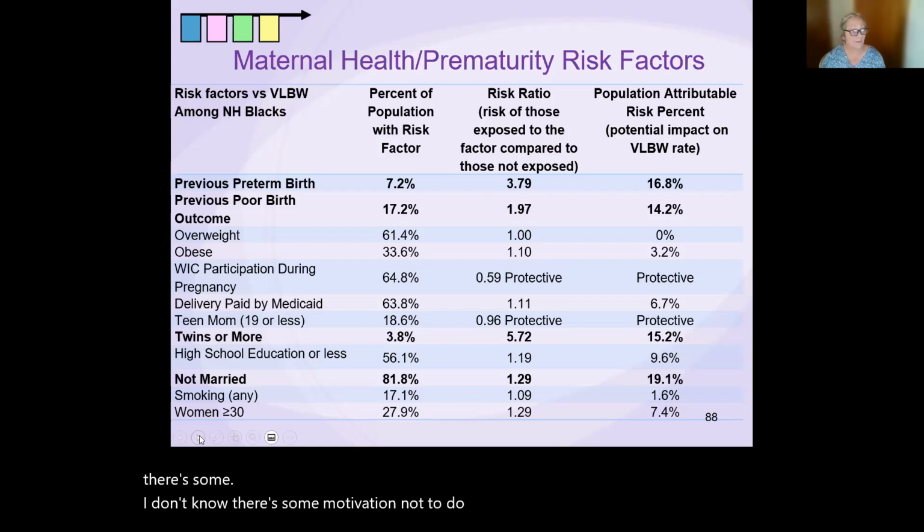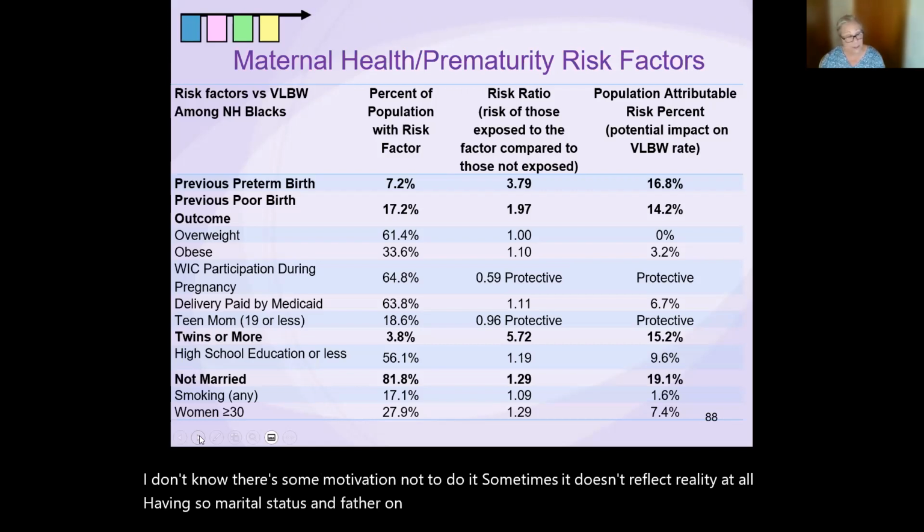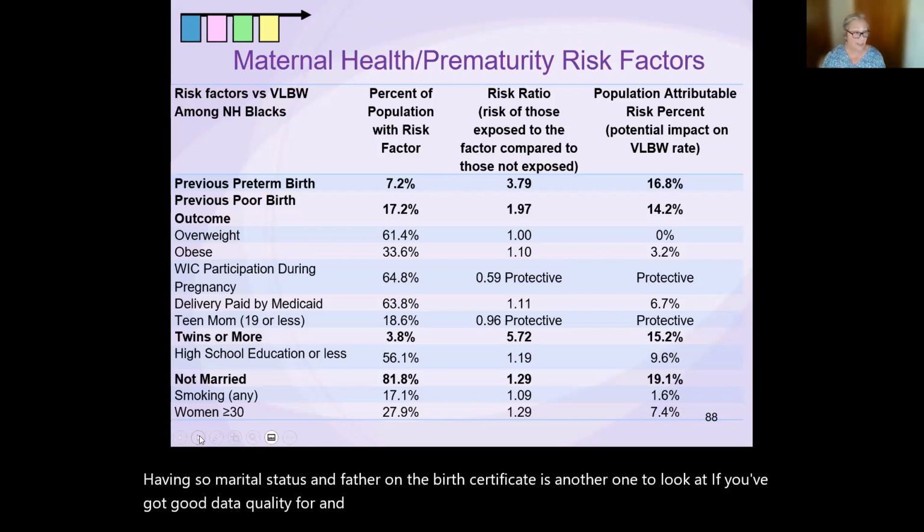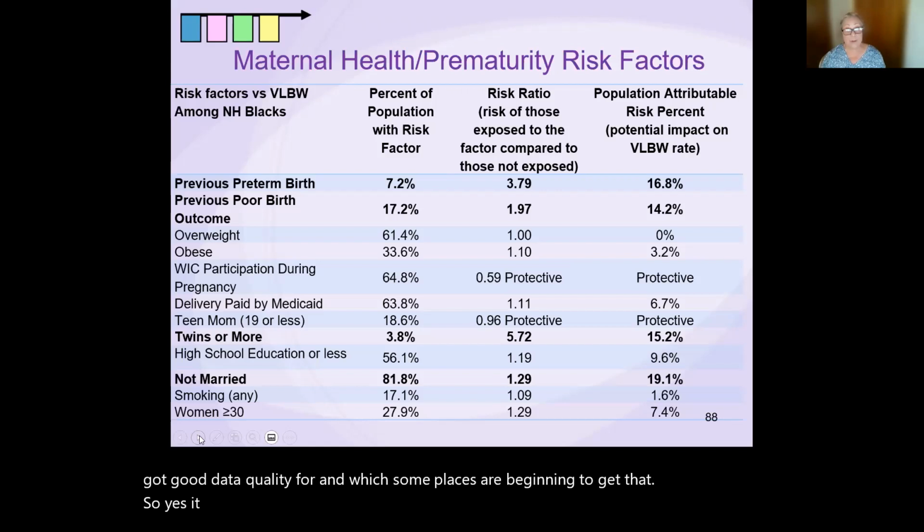Sometimes it doesn't reflect reality at all. So marital status and father on the birth certificate is another one to look at if you've got good data quality for that, which some places are beginning to get.